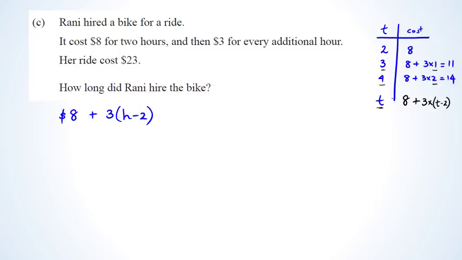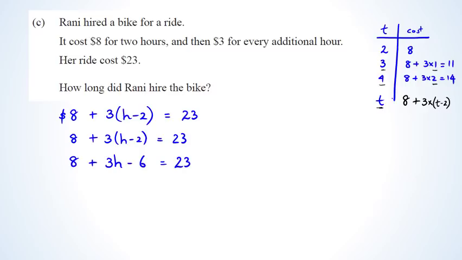So this is her equation, what it's going to cost her. Now they're saying that her ride costs $23. So how long did Rani hire the bike for? We can write this as 8 plus 3 bracket h minus 2 equals 23. Then I'm going to expand that bracket, which makes it 3h minus 6 equals 23.